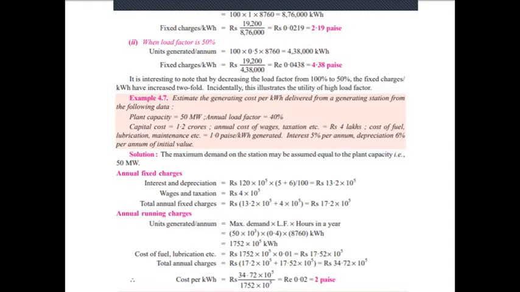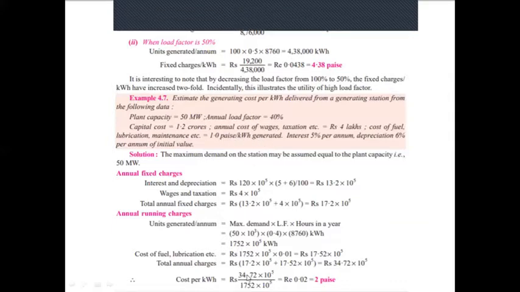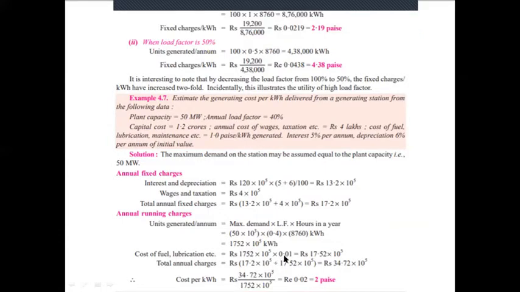Next, the cost of fuel, lubrication and maintenance etc. will be 1 paise per kilowatt hour generated. Like that you have to consider. So 1 paise, if you convert into rupees, is 1 by 100 or 0.01.